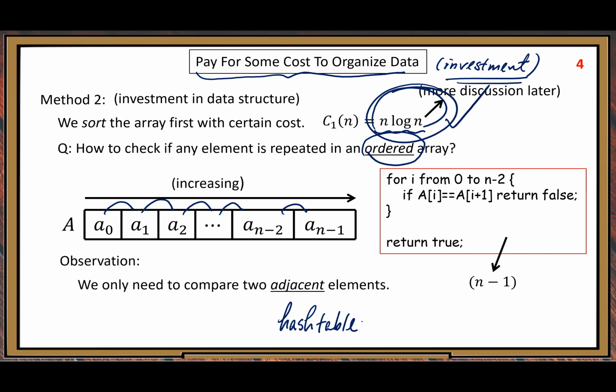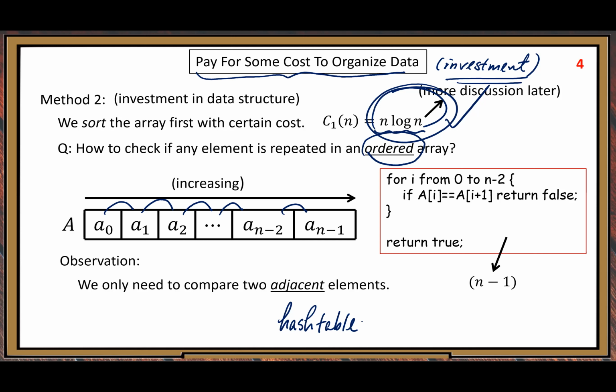Here I do not want to describe the hash table, because today we do not have that much time. We will talk about hash tables in module 5 or module 6 probably. Given an array, we build a hash table using the elements in the array.